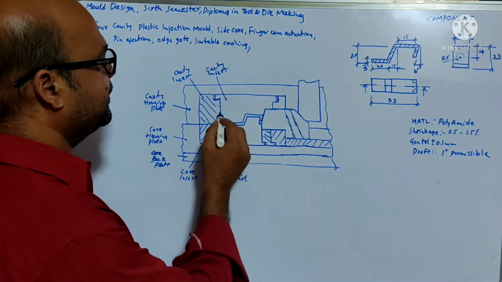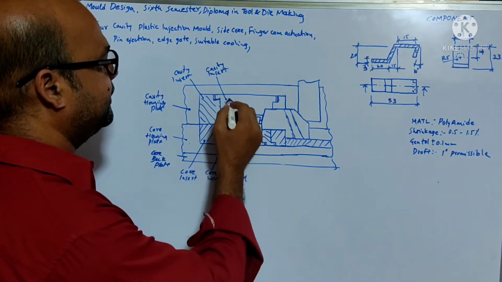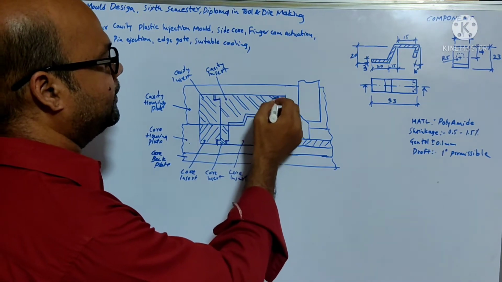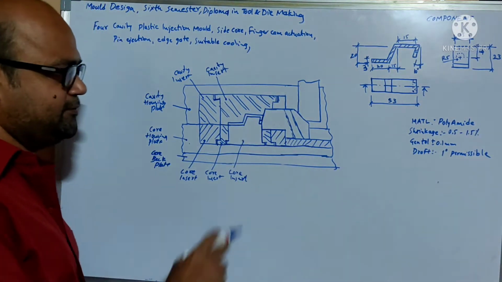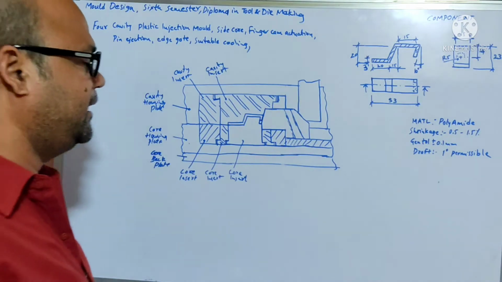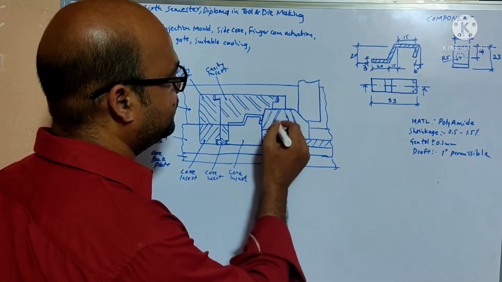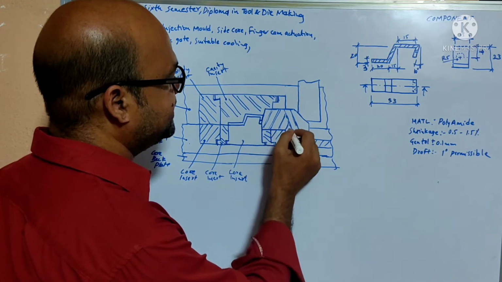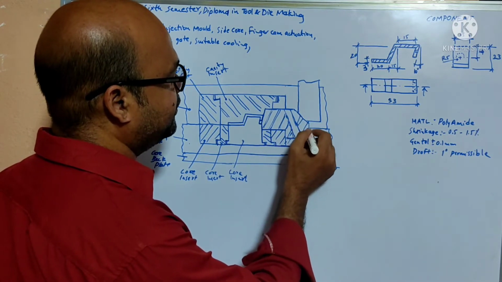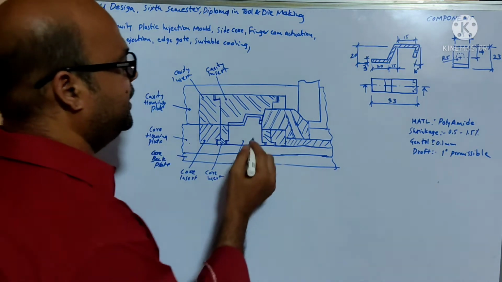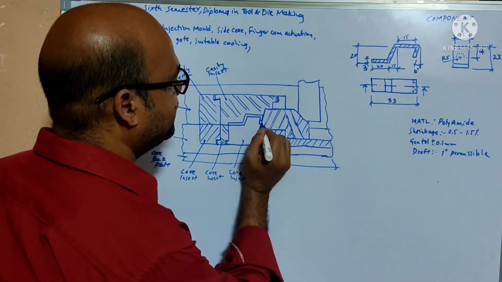Similarly, you are observing also the side core of the tool. Here it is the side core. In this side core, you are seeing the boss.